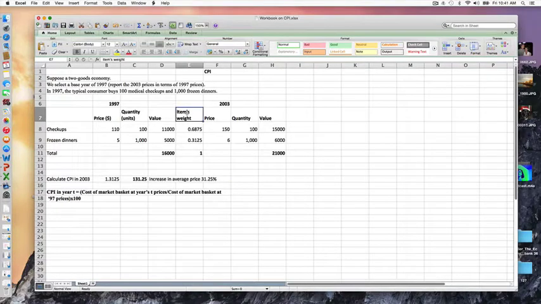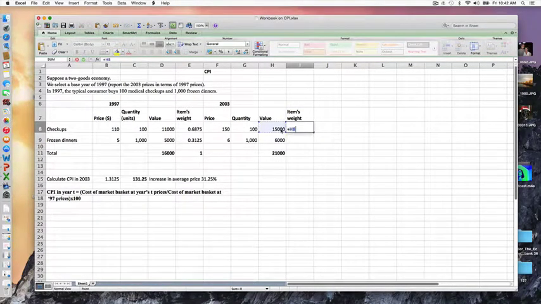And we can do the same thing for the later year. Item weight. And then of course we check, and well, Excel doesn't make mistakes unless we make mistakes.